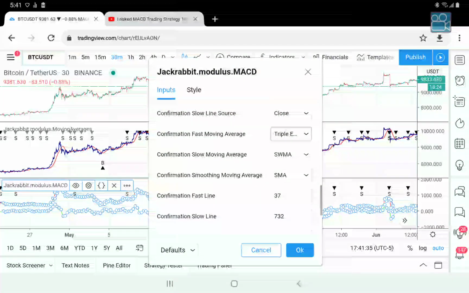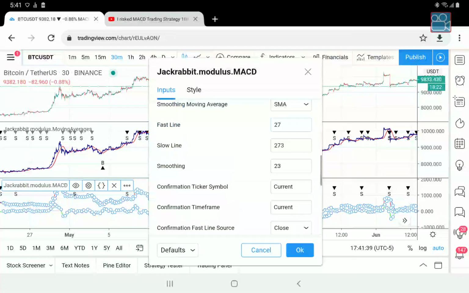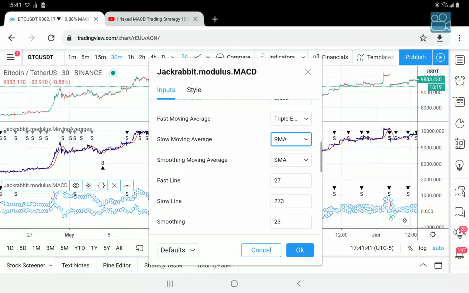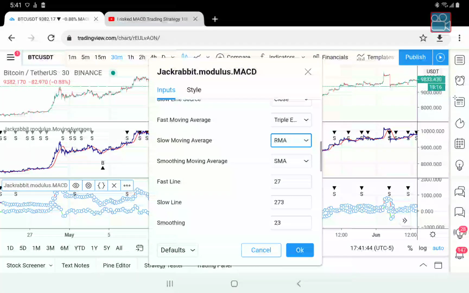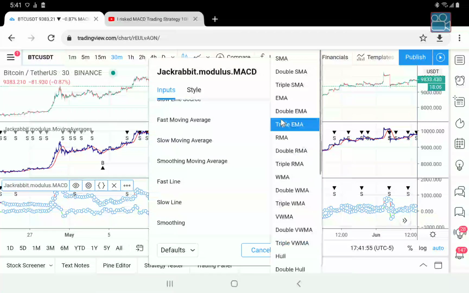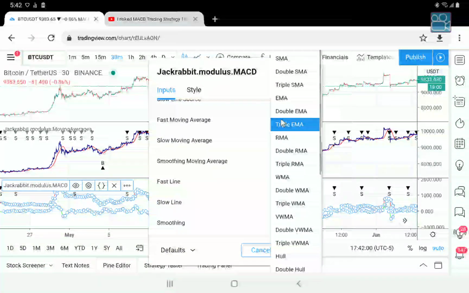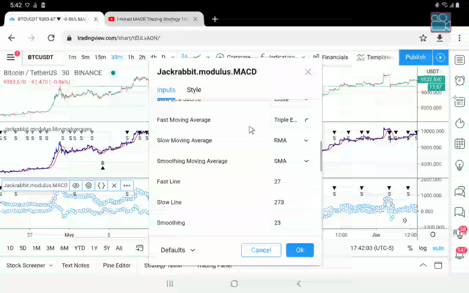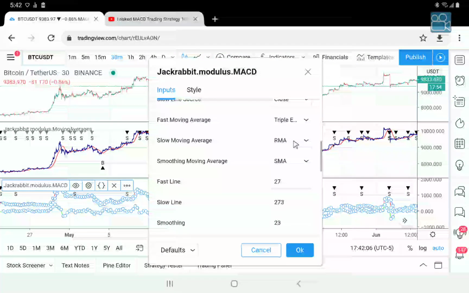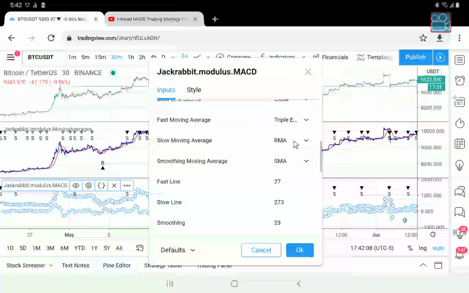Let's go back up. Now I'm not using confirmation bias at all here on either of these. Simple, basic, straight level indicator on indicator, both sharing the same time frame. Triple EMA for your fast moving average. RMA for your slow moving average. Your smoothing line or delta line, SMA.